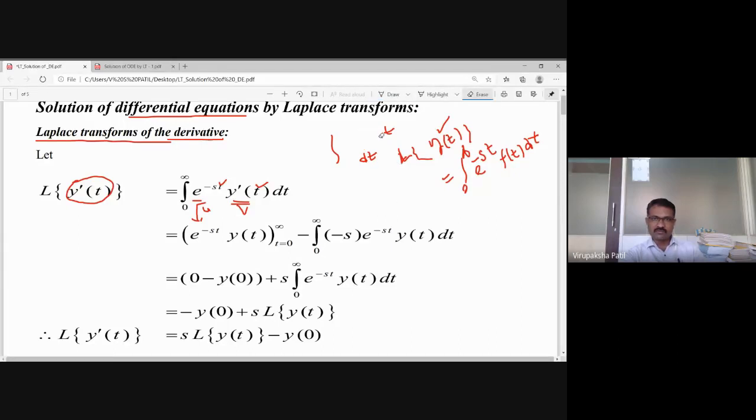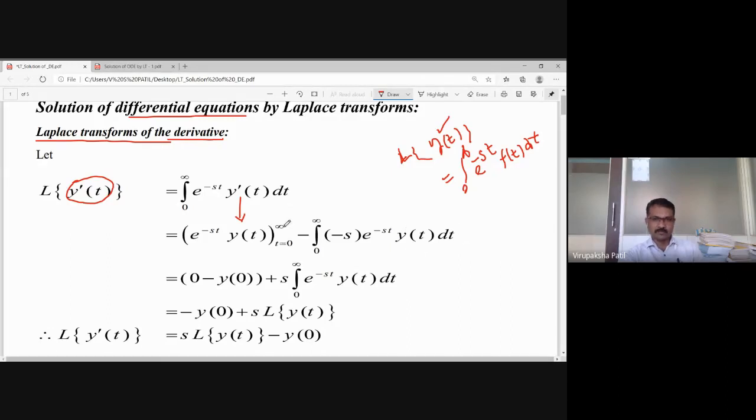So we have written the integration of the second function, which is directly y. The limits are t equal to 0 to infinity, minus differentiation of the first function. What is that? Differentiation of e to the power minus st is minus s into e to the power minus st. Then this function we will keep as it is with respect to t.